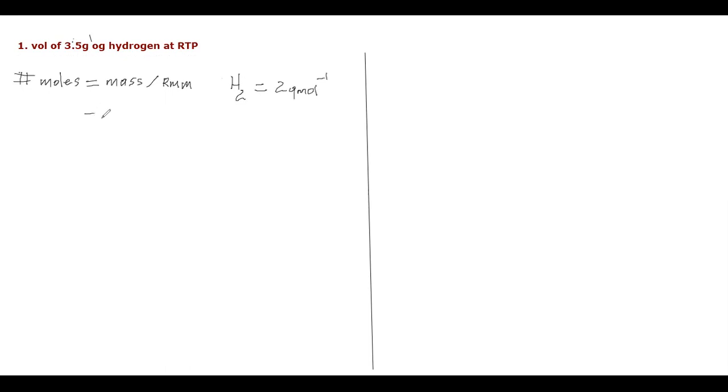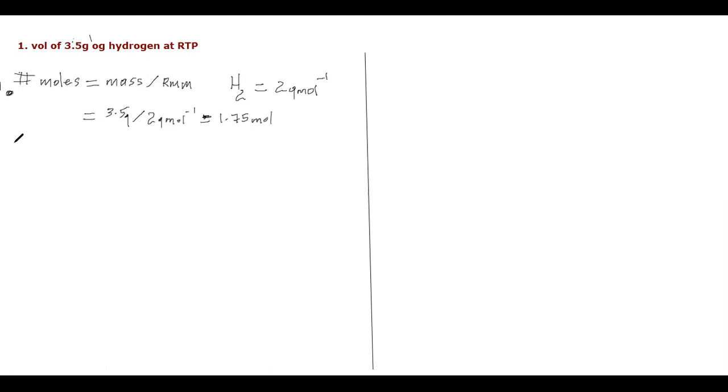So when you find the moles, the 3.5 grams divided by 2, I got 1.75 moles. Okay, so that gives you 1.75 moles. All right. So that was the first thing you did.